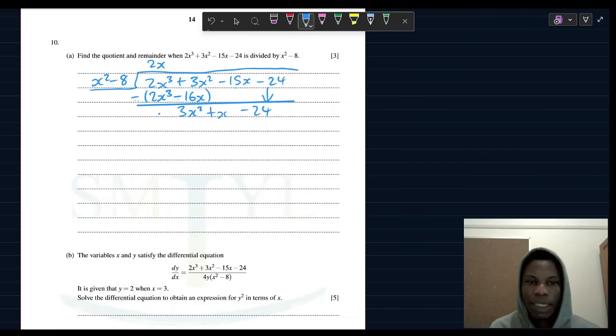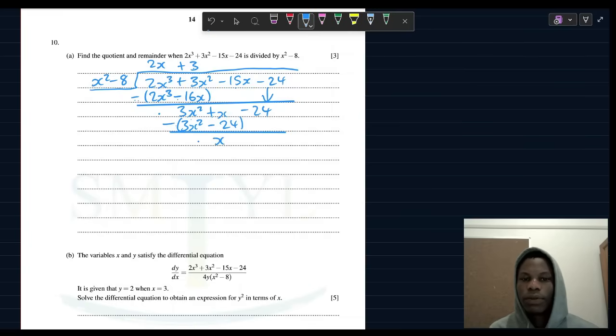How many times does x squared go into 3x squared? That's 3. So plus 3 times x squared, that's 3x squared. 3 times negative 8, that's negative 24. So 3x squared minus 3x squared, that's 0. Then we've got the x there. And then negative 24 minus negative 24, so that's negative 24 plus 24, which is just 0.